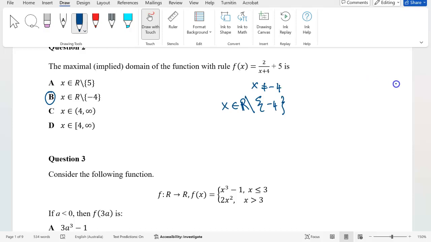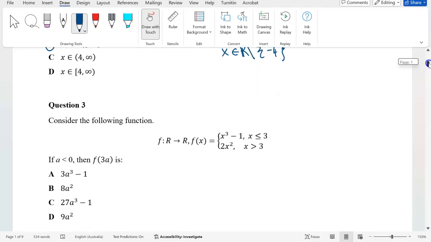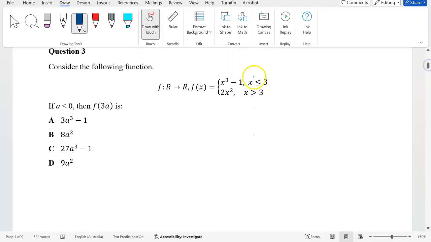And then we have a hybrid function. So in this case you want to find your f(3a). A is already less than 0, so your a is less than 0, therefore your 3a also should be less than 0.